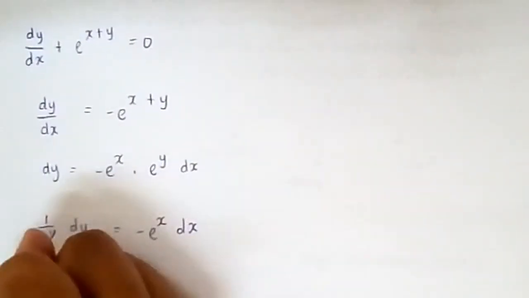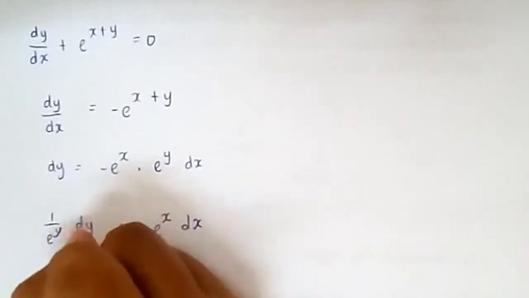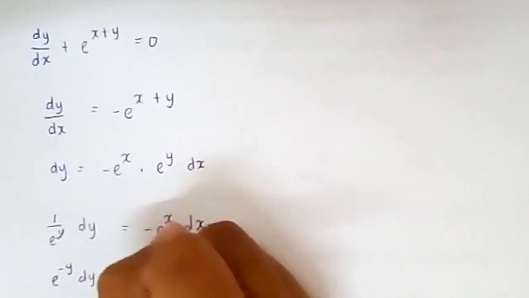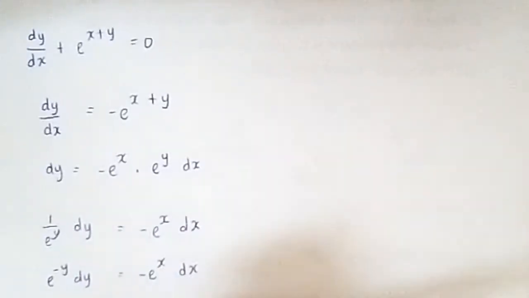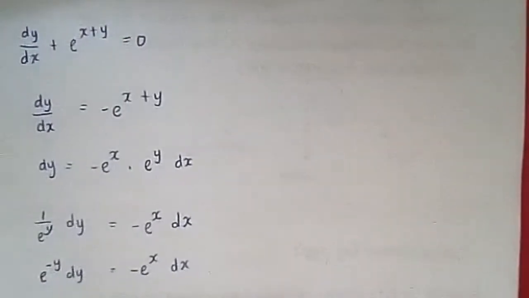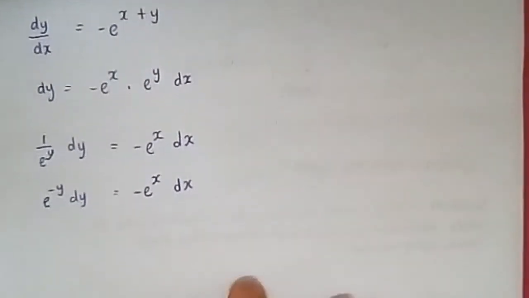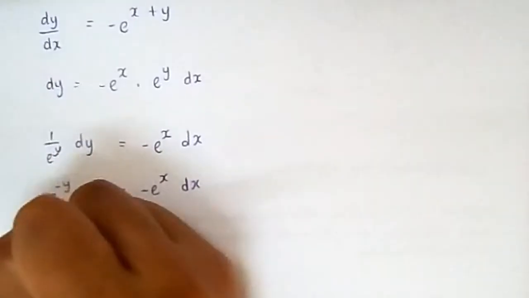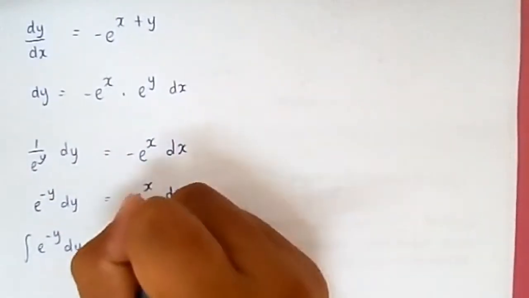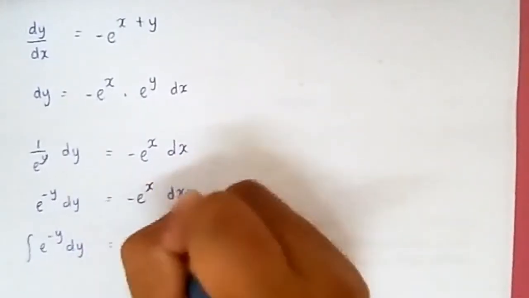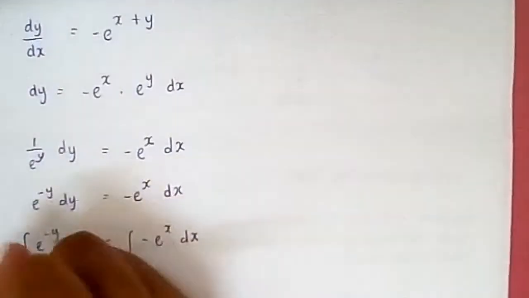And we solve it. Integrate e to the power of negative y dy and negative e to the power of x dx. And then we can continue to simplify the integral.